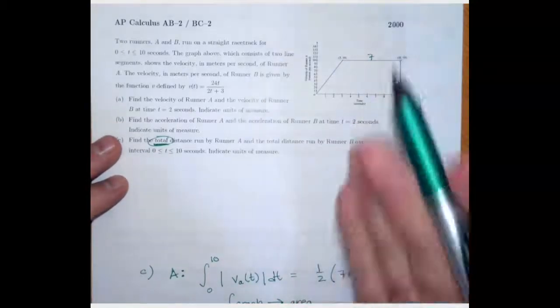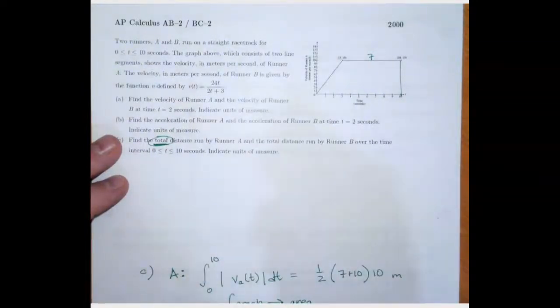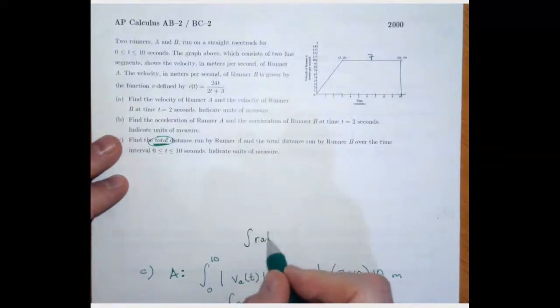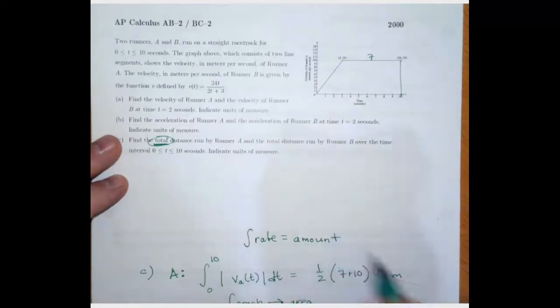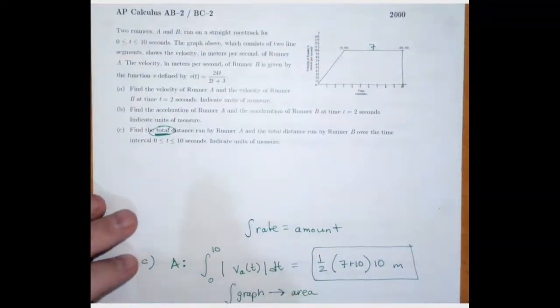The area is just giving us the integral. The question is, how far did the person run? And that's another thing. We integrate a rate, the velocity. When you integrate a rate, you get an amount. Okay? So the amount of distance is meters. Okay? So that was quick.